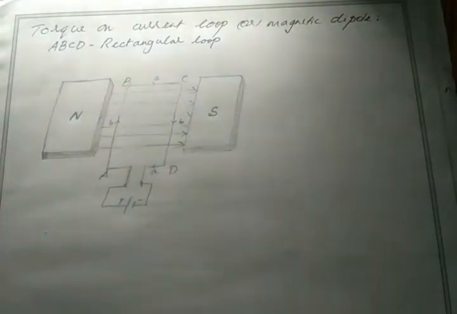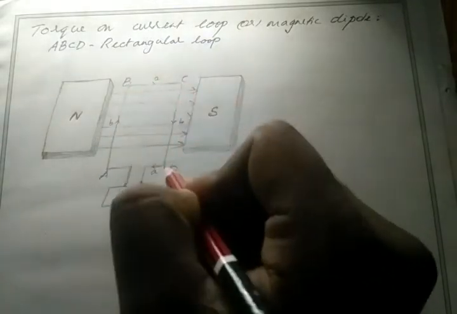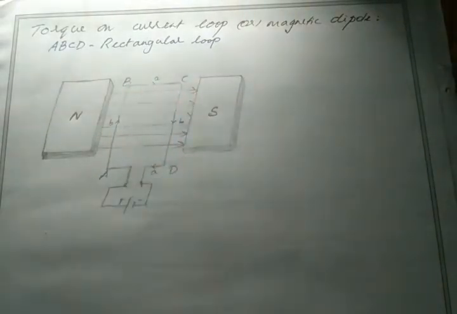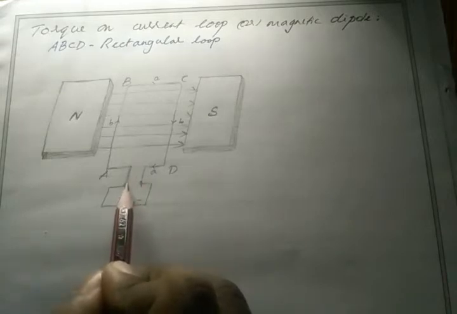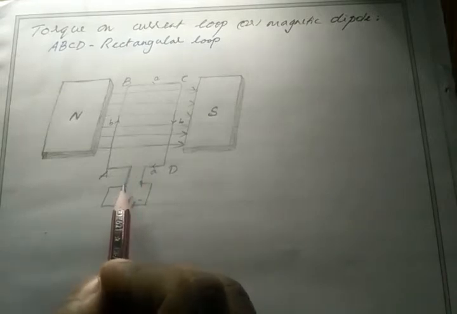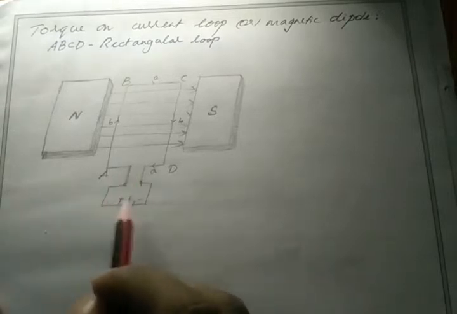Current is flowing in this loop from A to B, B to C, C to D, D to A. We connect this loop using a brush ring, which we will study in the next chapter on the AC generator and DC motor, under electromagnetic induction. So here we connect one brush ring and connect it with a battery. This battery provides current.